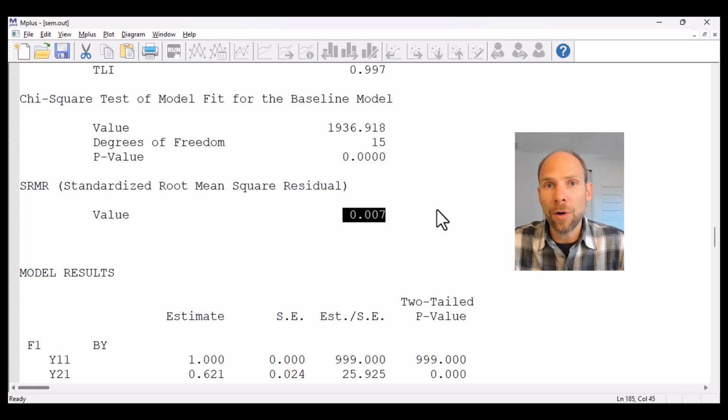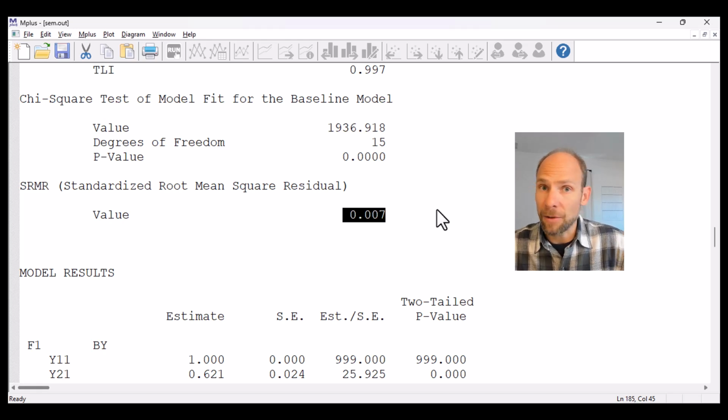So there weren't a lot of large residual covariances in the comparison of the model-implied and the observed covariance structure, which is also a good sign that this model reproduces our observed covariance structure well. So in summary, this model fits the data well, which means it doesn't have to be rejected.